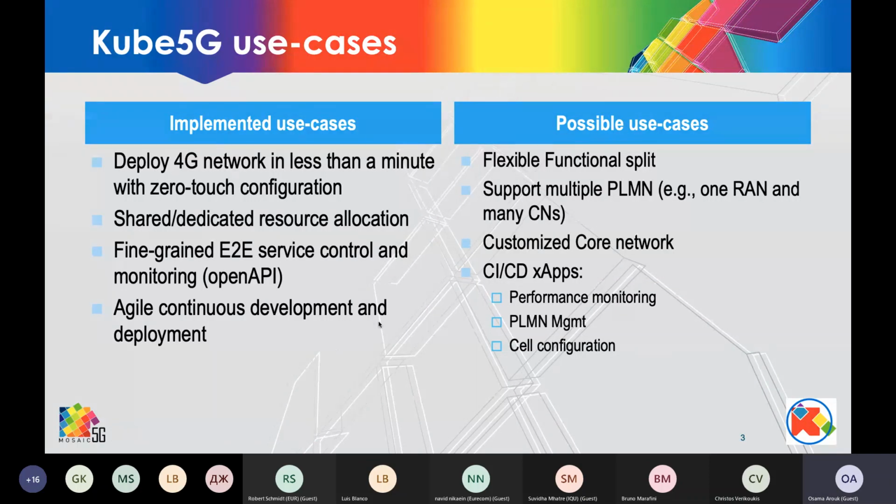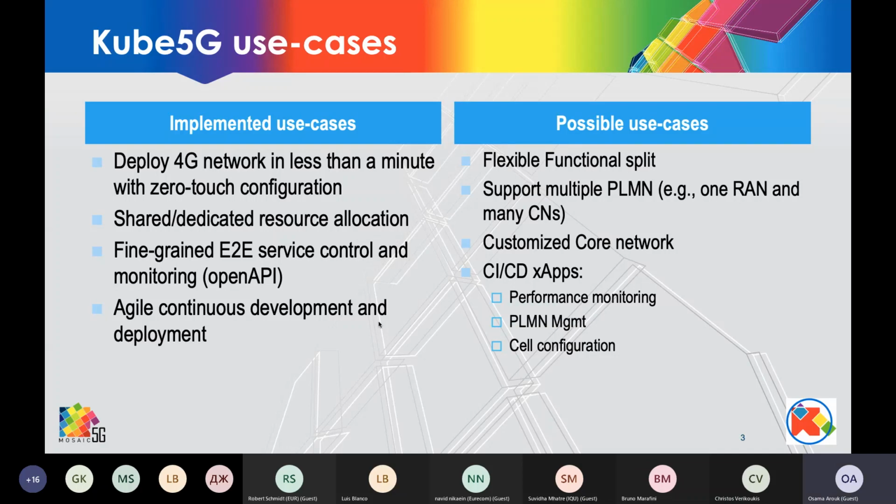What is supported now for the moment in Kube5G? In Kube5G, you can deploy 4G networks in less than a minute, where I will show you an example. It is very simple and easy using, for example, Docker Compose.